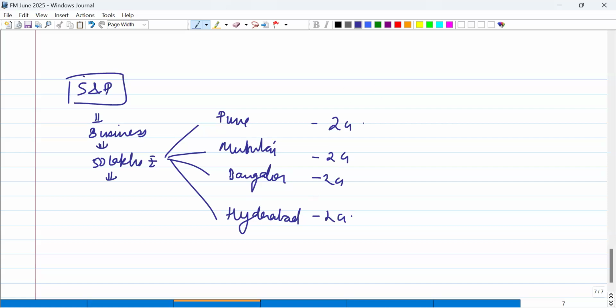Sir, if we go in Pune, this 2 crore investment, we will get 4 crores back. If we go in Mumbai, we will get 3.5 crores back. If we go in Bangalore, so much traffic, sir, we will get 3 crores. And in Hyderabad, we will get 3.75 crores. Logically speaking, I did all the calculation for them: 4 crore, 3.5 crores.